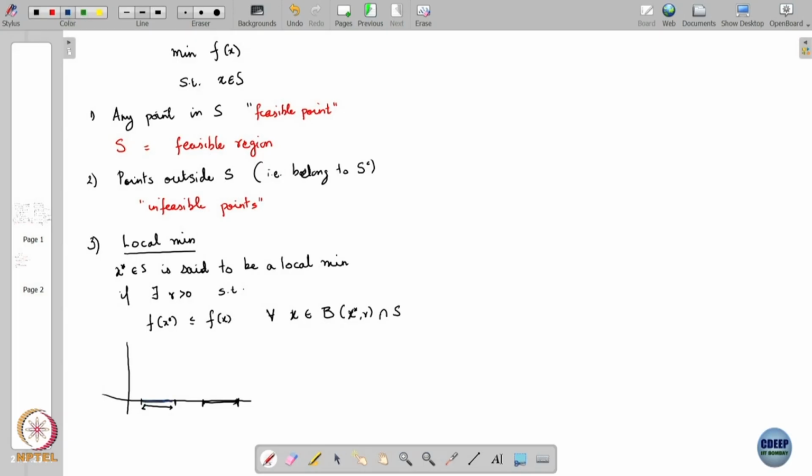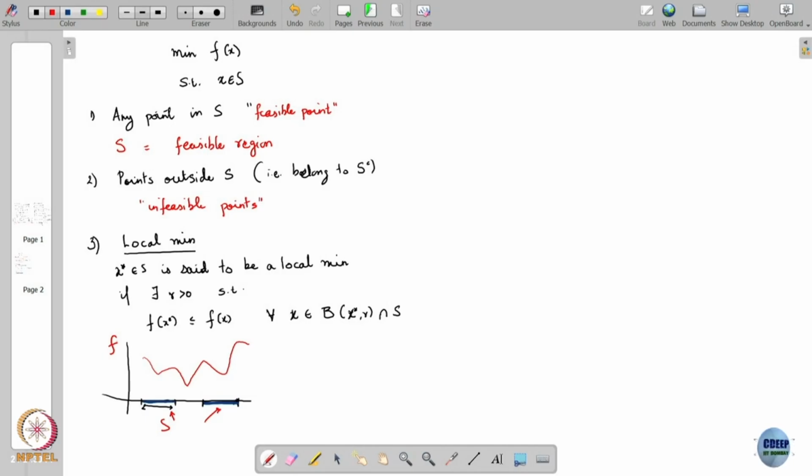The feasible region is this blue line thing here, and suppose my function looks something like this. Now, what is the local minimum here? So, S is this and this, and what I have plotted here is my function f.